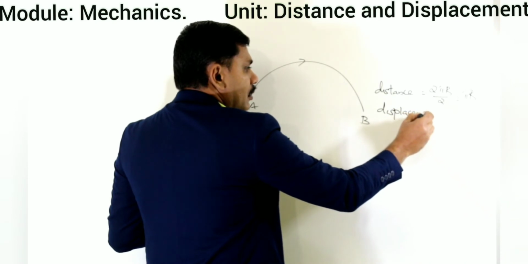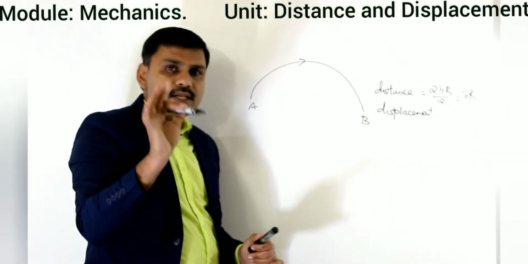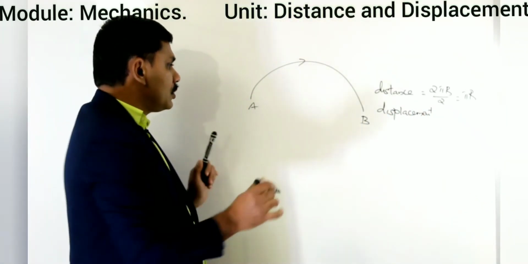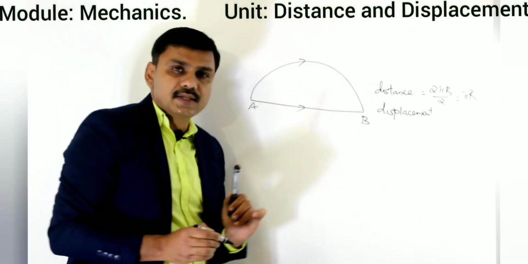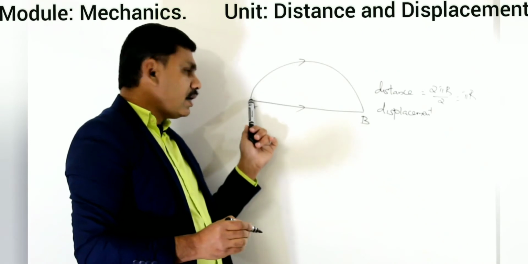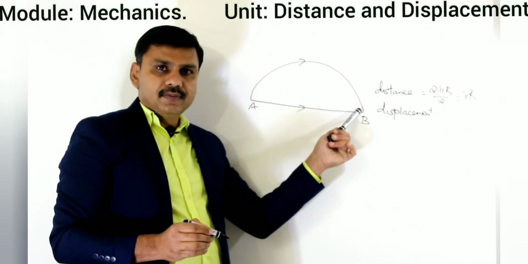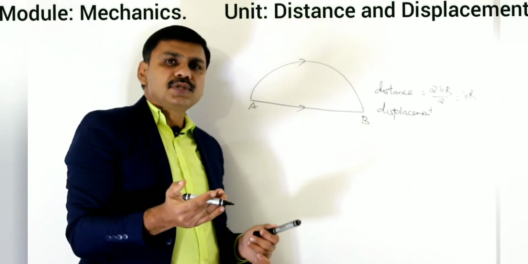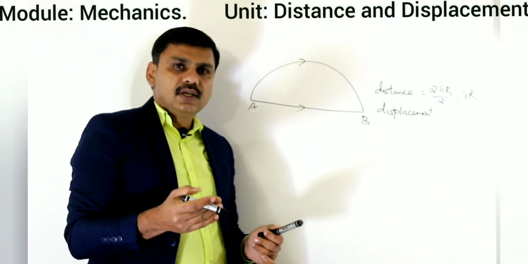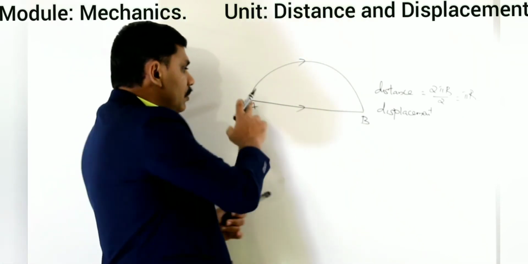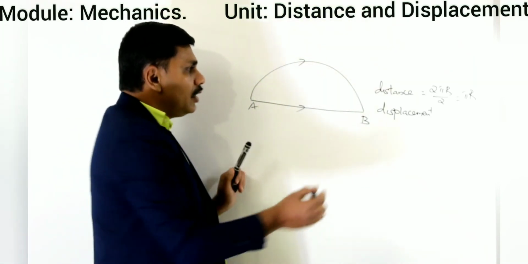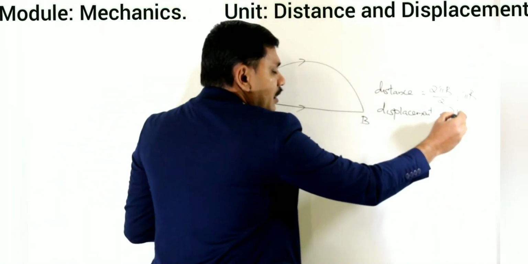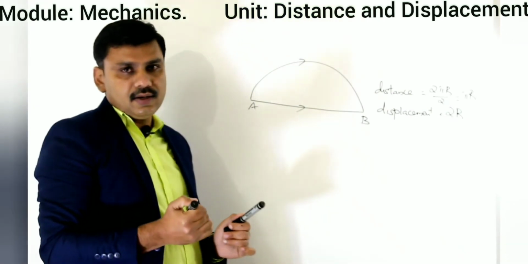Displacement equal to, you want to reach B by the shortest path. So this will be the shortest path to reach B. Initially at A, finally at B. So the change in position of the object along the shortest path will be along the diameter of the circle. So that value will be 2r, that is the diameter of the circle.